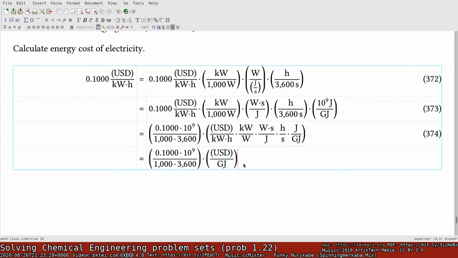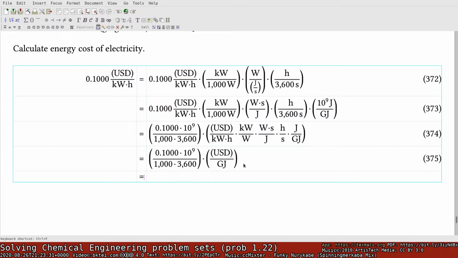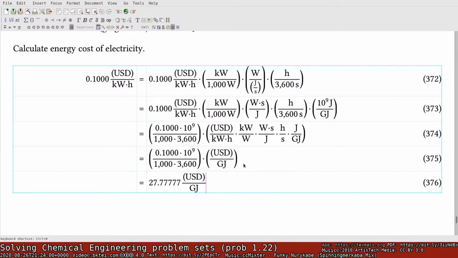Yep, everything simplifies, and then we do this, it's 0.100 times 10 to the 9 divided by 1000 divided by, again, 3600, 27.7777 USD per gigajoule. Let's go with 4 decimal places. Now, does that make sense?